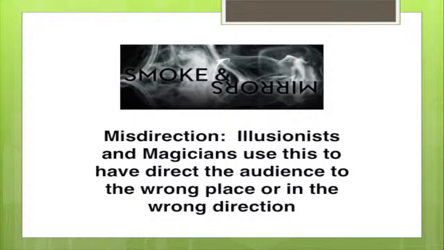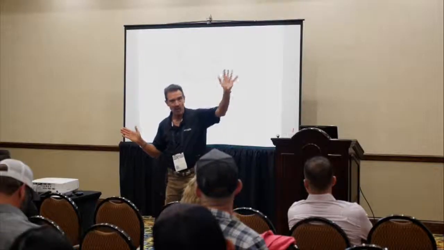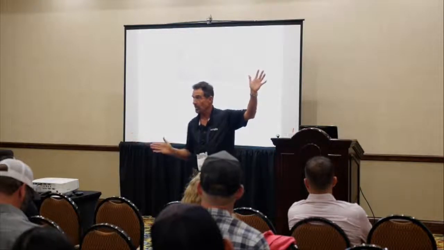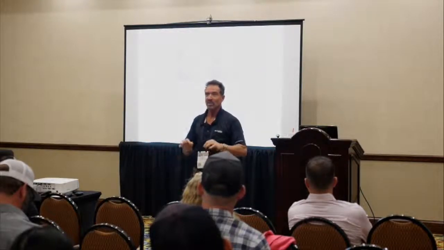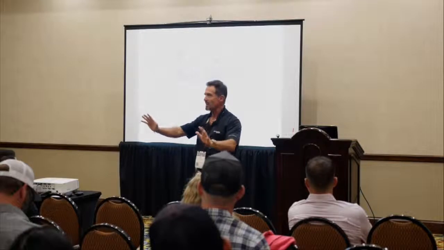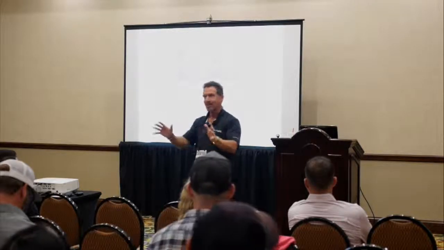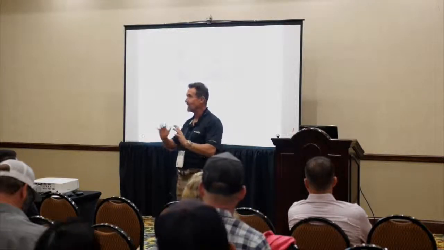What an illusionist does, if he doesn't want you watching his right hand, he's flopping his left one around so that you're distracted looking at this and you don't see what he's doing over here. If you watch a magician, nothing on the stage is as it appears. Nothing. That's how magicians work. It looks like the box is this, that, or the other, and it's real, but it's not. It's fake. The whole thing is an illusion.